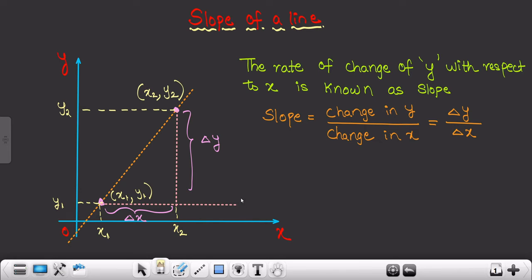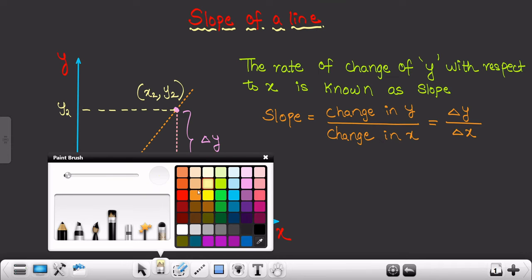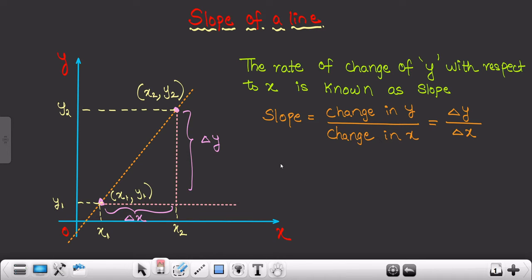Now the slope for this particular line would be change in y, that is the difference between the two y points, y2 minus y1, divided by x2 minus x1. This is the most important formula for slope, and generally slope is denoted by m.